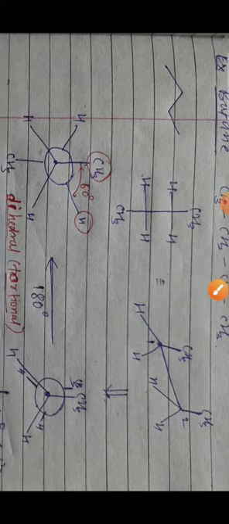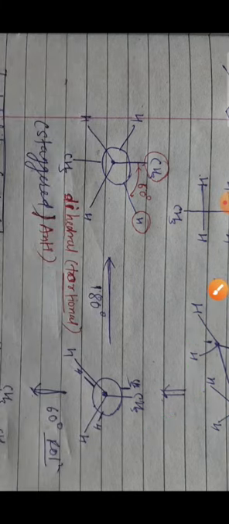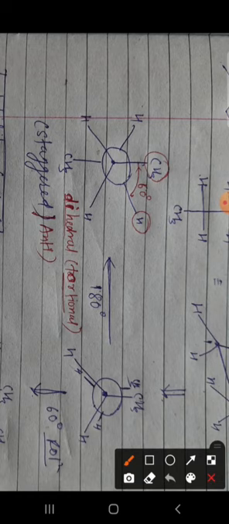So for the Sawhorse model, we write the Newman projection like this. This is the Newman projection of butane. For the front carbon, there is a substituent CH3 above the plane, and both sides have hydrogens. For the rear carbon, similarly at the eclipsing position, CH3 is there, methyl is there, and both sides have hydrogens.